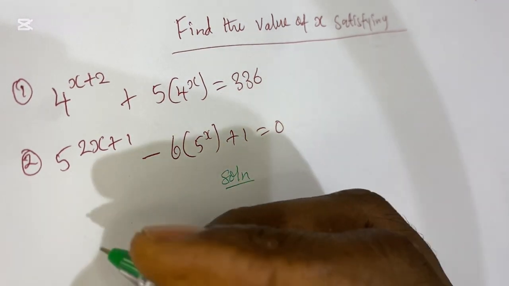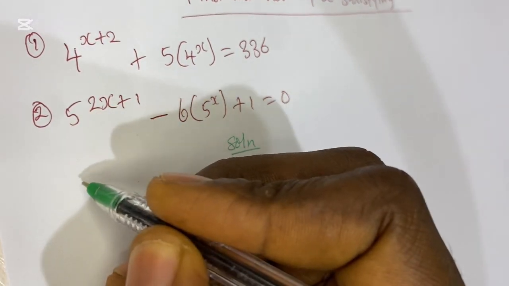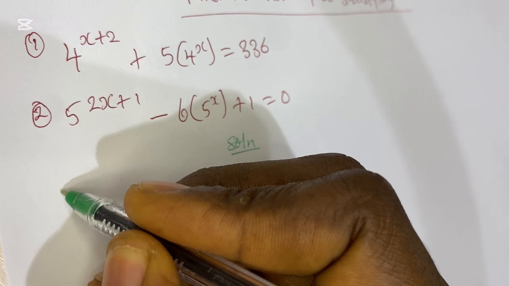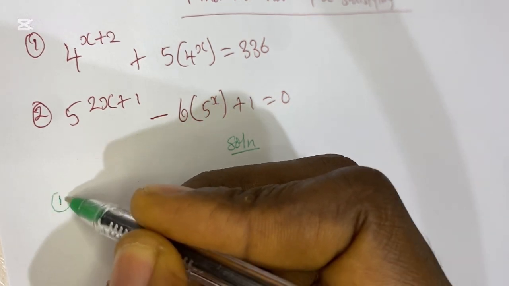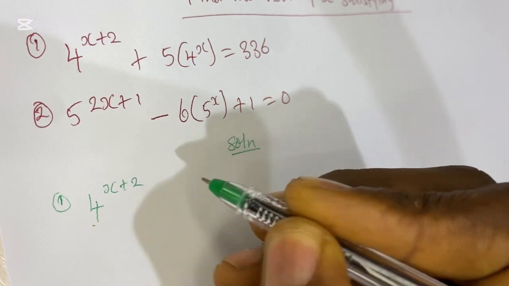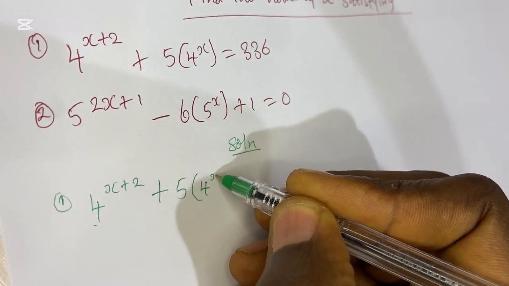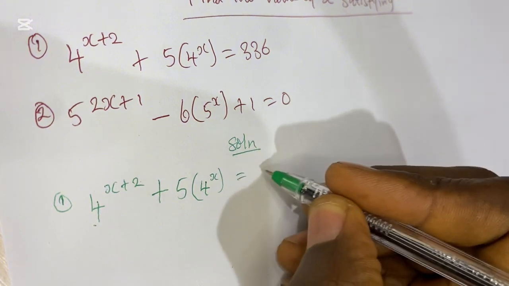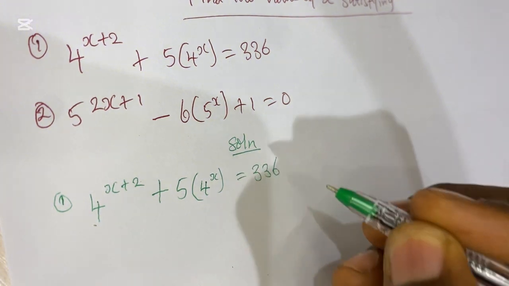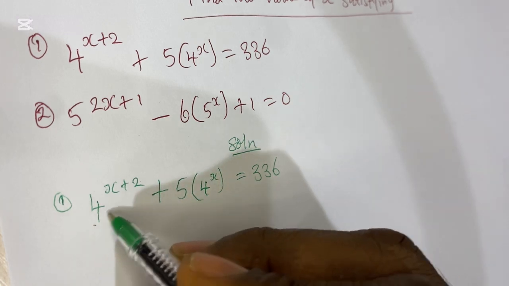We're going to pick the first one first, which is 4 raised to power x plus 2, plus 5 times 4 raised to power x, equal to 336. All right, what are we going to do? We are going to separate this.